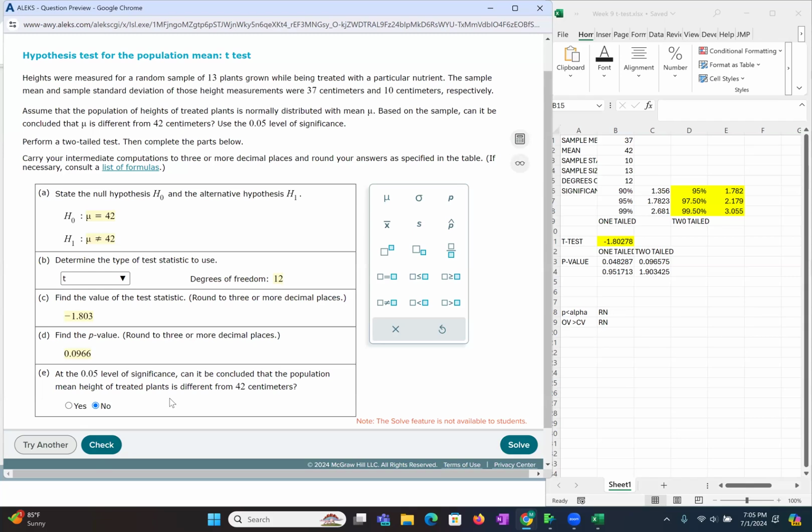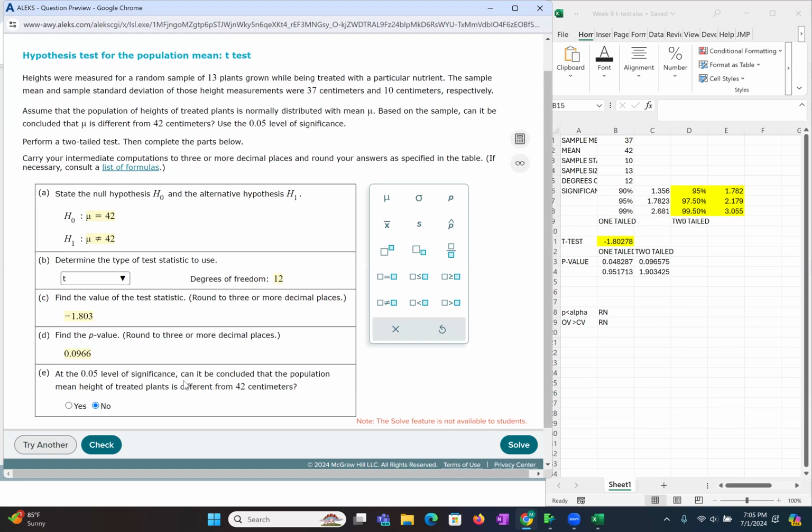Okay, here's what I want you to think about right now. Go to E to A mentally. A is they're not different. B or H1 is there's a difference.